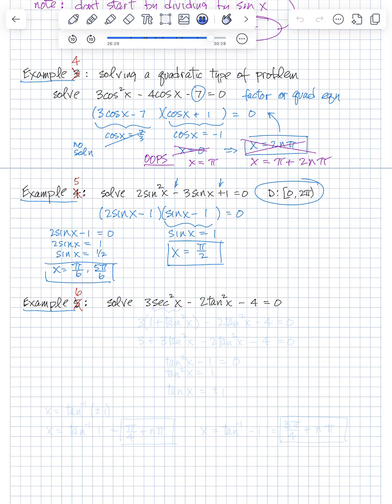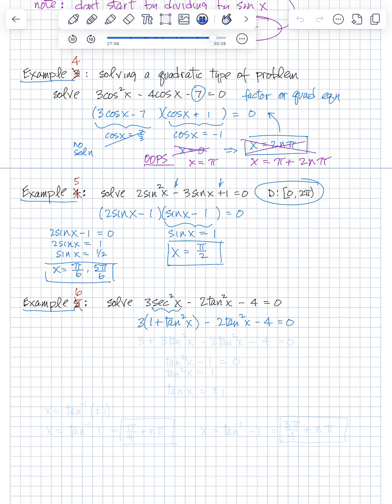Okay, so we're going to start with the first term. We know we have a secant squared x, and we're going to change that using a trig identity. A secant squared x is 1 plus tangent squared x, so we have a 3 times 1 plus tangent squared x, then minus 2 tangent squared x, minus 4 equals 0.